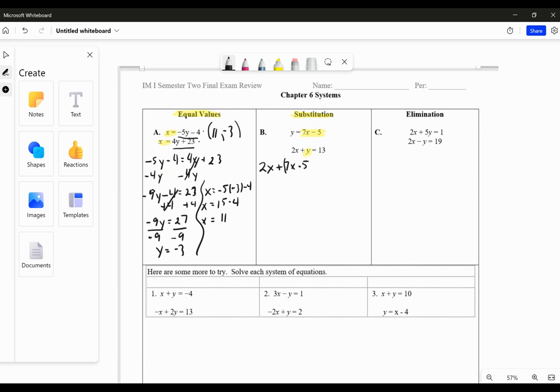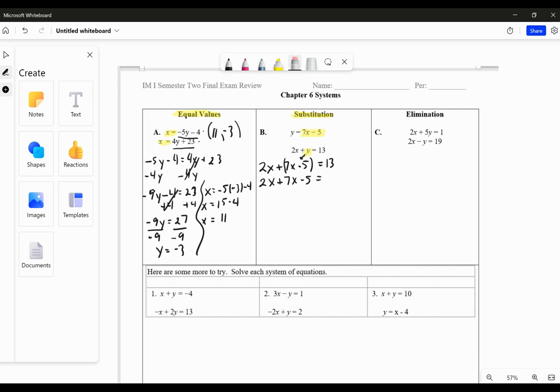And I'll put it in parentheses so that you see that what y now is, 7x minus 5, is equal to 13. Now, sometimes we have a number in front of the parentheses, but I don't here. So I'm just going to remove the parentheses, and I get 2x plus 7x minus 5 is equal to 13.